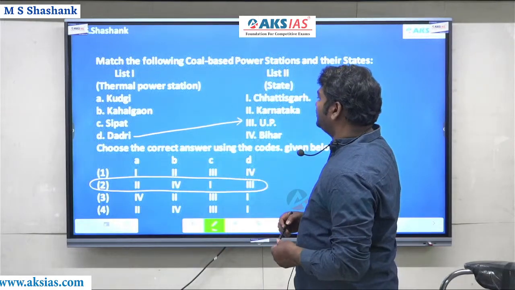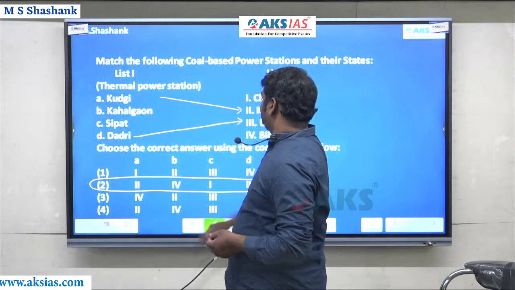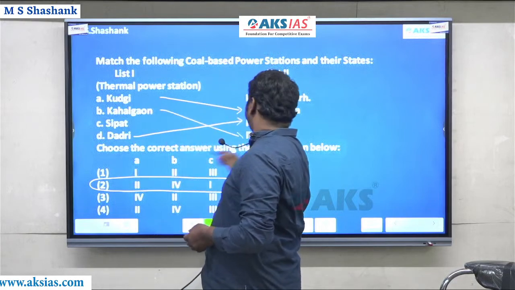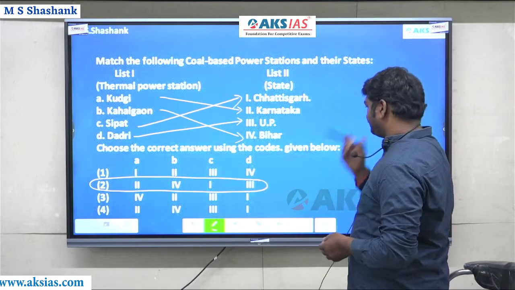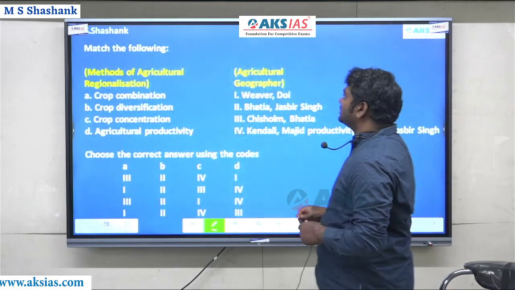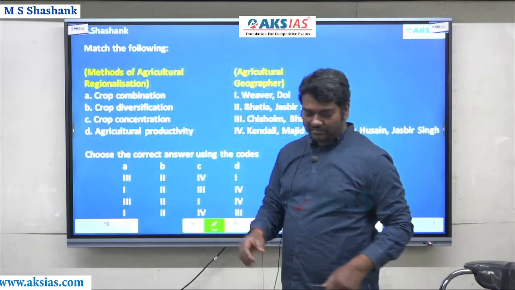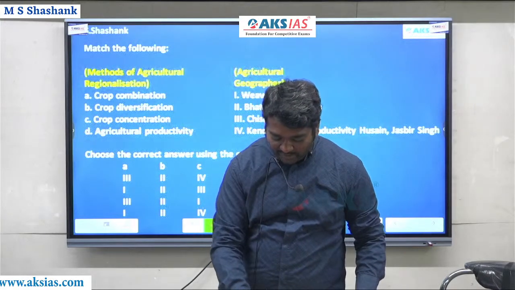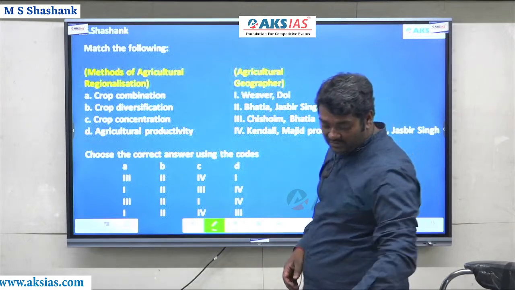Yes. And if you see this, Kudgi, Karnataka, Kahalgaon, Bihar, Sipat, Chhattisgarh. Okay. Yes, this is out of the box. We teach geography optional, but still some aspects we won't be aware of because it is asked out of the box for the students.